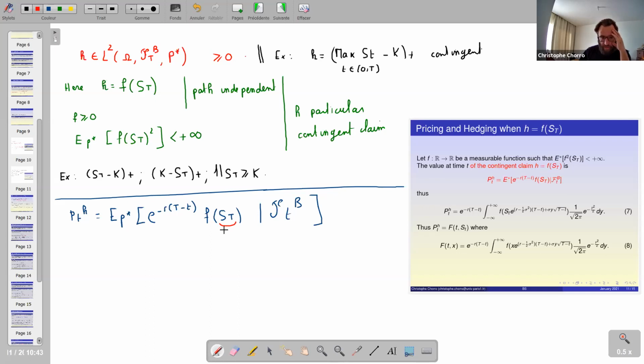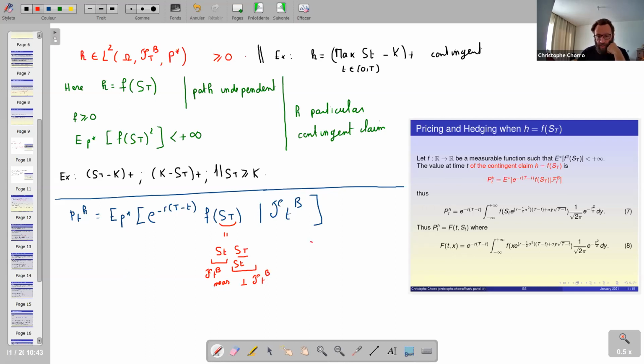So I write S capital T as S_t times S capital T over S_t. Here I have something that is F_t measurable, and a part that is independent of F_t.